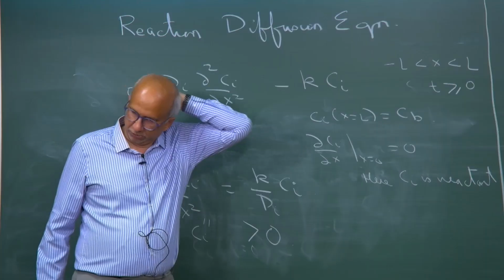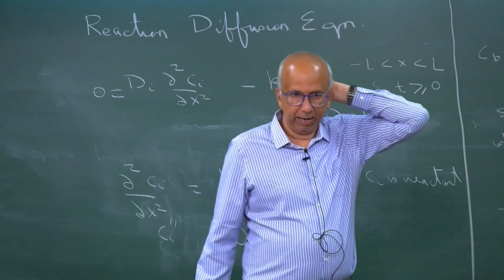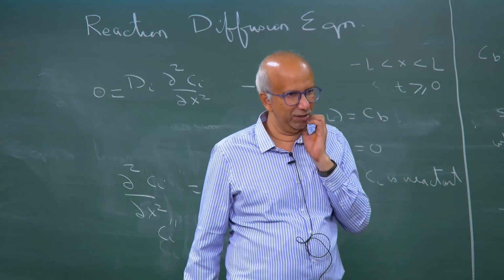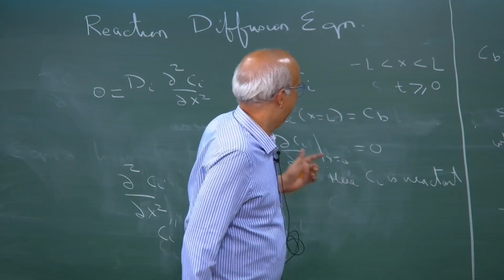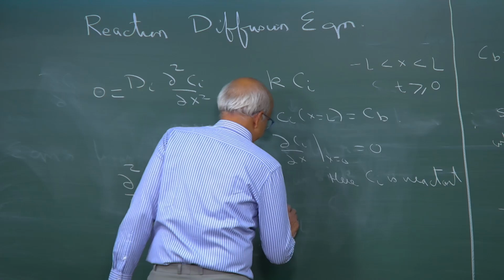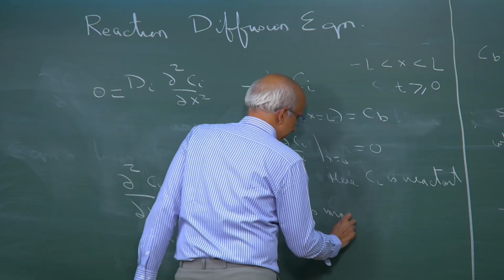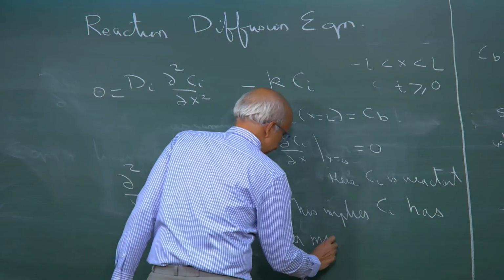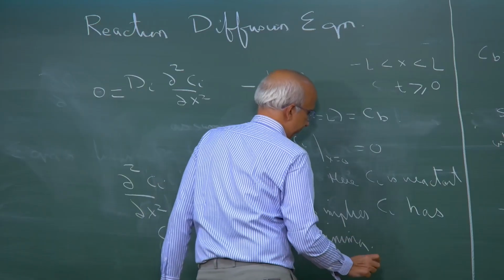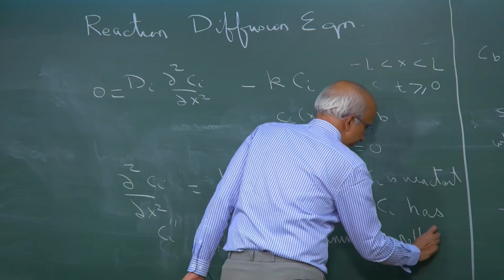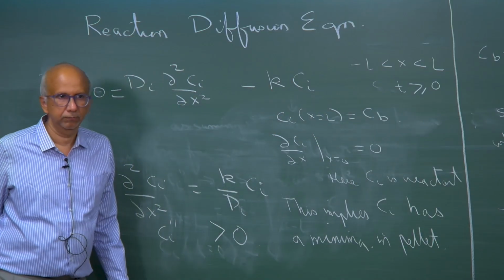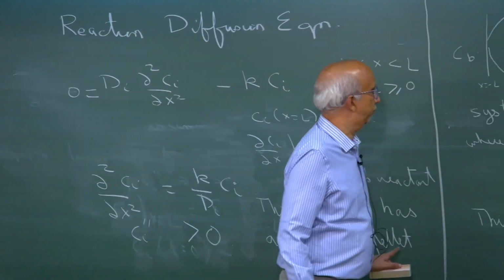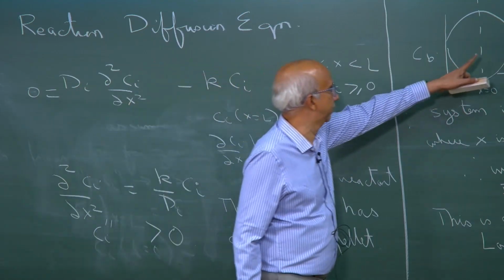When you derive some equation and do all your work, you have to check mathematically and physically whether what you got actually makes sense. So the point is, this implies Ci has a minima in the pellet for the reactant, and that is what I have drawn here.